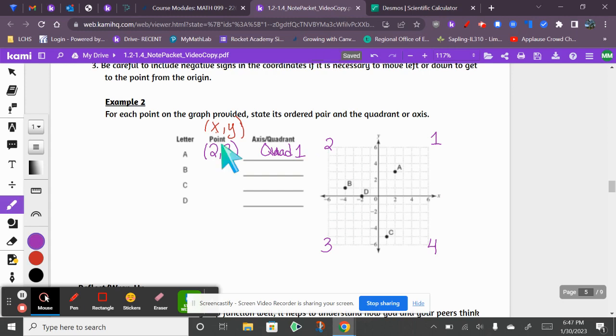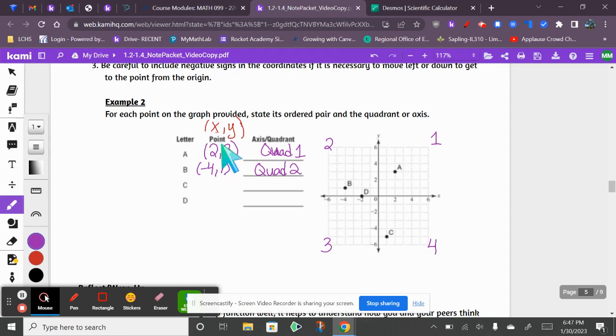For point B, it is to the left 4 and up 1. So it is at -4, 1, and that is in quadrant 2. For C, we want to first say if it goes left or right.